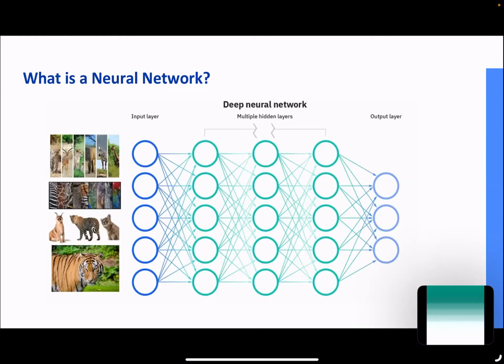When we pass any data set, textual or image, after the input layer it goes through multiple hidden layers. Finally, in the end, we have a single output layer that gives the output, or you can say the prediction or classification by the model.